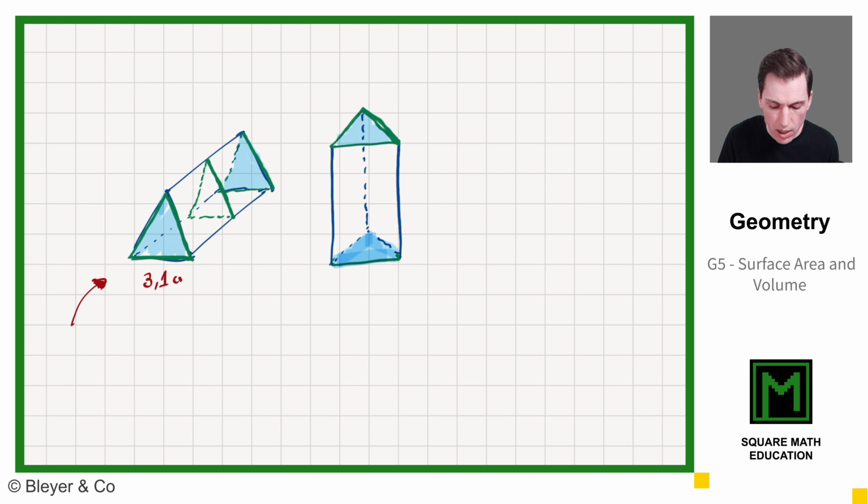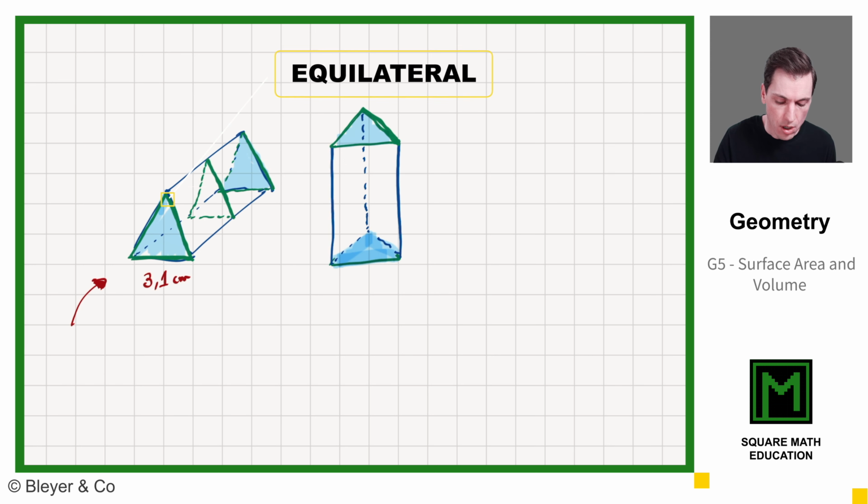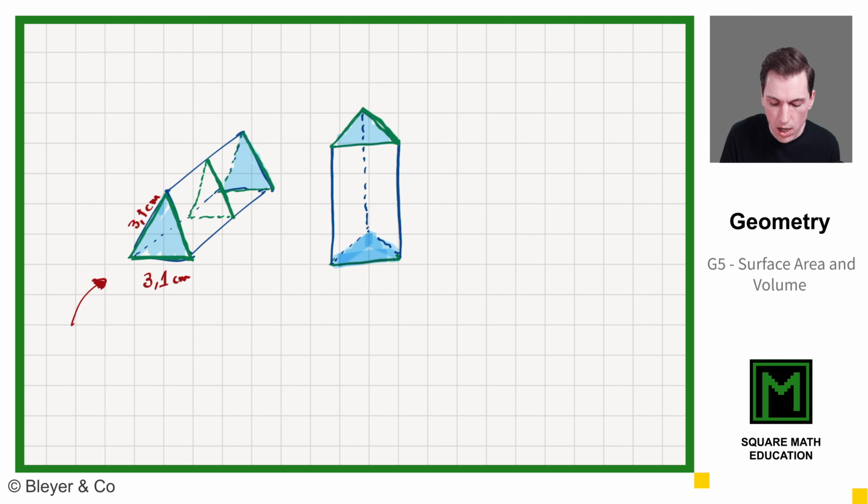This is 3.1 centimeters and it is an equilateral triangle, so we also know that each side is 3.1 centimeters. We also have the dimension 4.24. Maybe it is easier to see in the standing shape that this is actually the height of my shape.